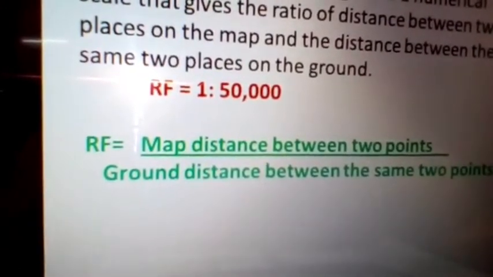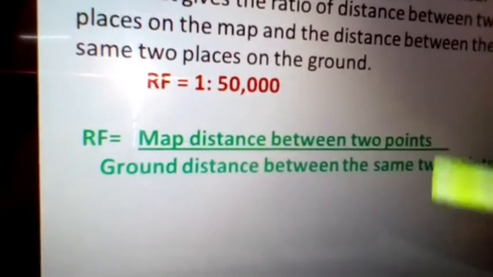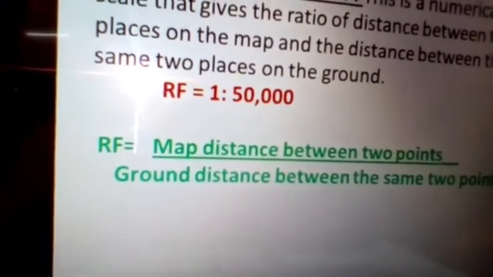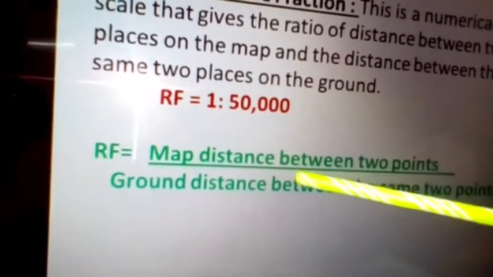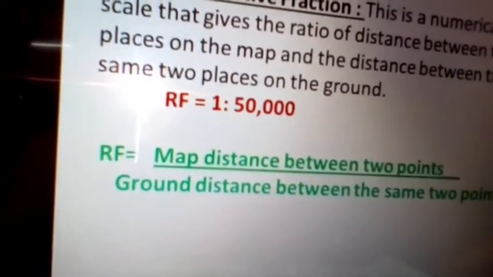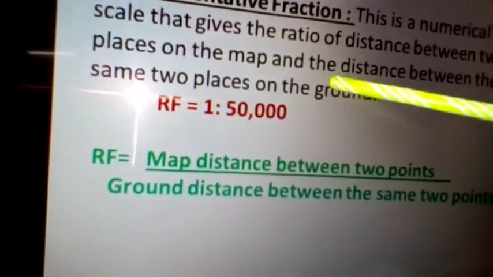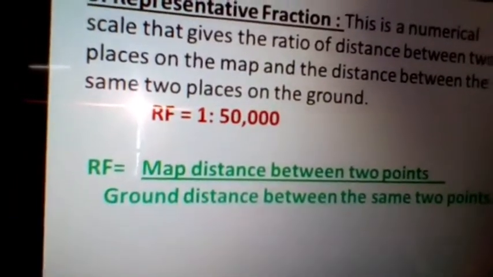For example, in the fraction of 1 is to 50,000, 1 is the numerator, and denominator is the number below the line in the fraction. For example, in a fraction of 1 is to 50,000, 50,000 is the denominator.